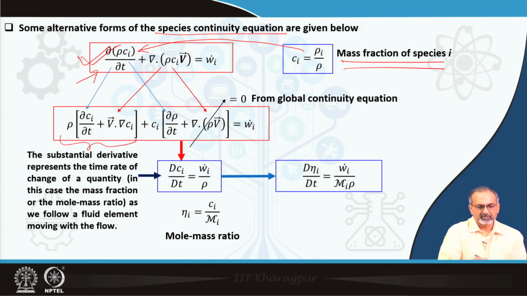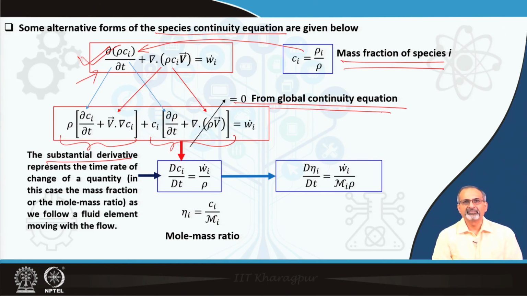Two of the terms form this, while the rest two form this part of the equation, and you find that the first set of terms essentially gives you the substantial derivative of the time rate of change of a certain quantity, while the second one vanishes due to the global continuity equation.